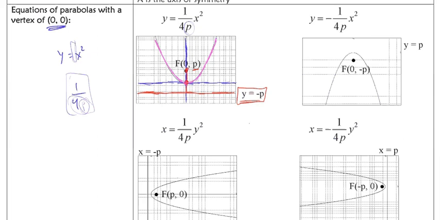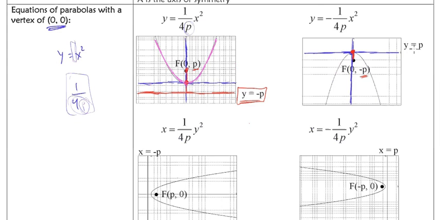Again, the picture quality is unfortunately really poor on these. We know that the vertex is at the origin just because that's given to us. This time, the focus is below the vertex, so whatever y value this is, it's a negative number because it's down.